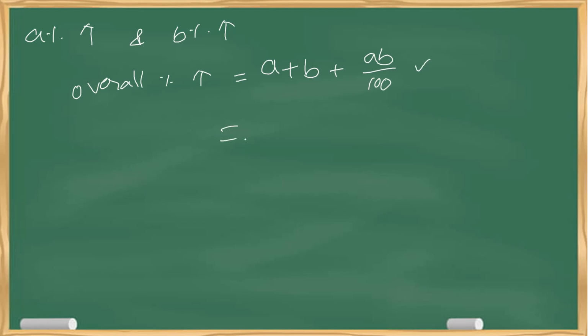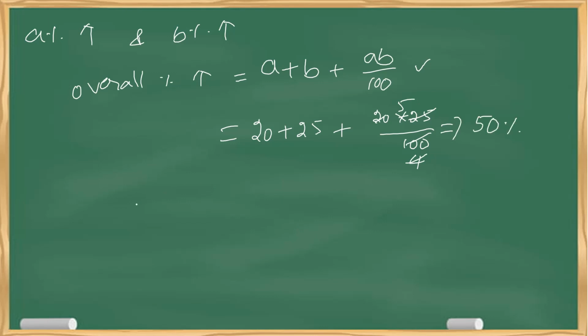Now in the previous question we have taken a as 20, b as 25, plus 20 into 25 by 100. So 25 how many times? 4 times. 4 how many times? 5 times. Now make it simple, 50% you will get. So if the price of the shirt is initially 100, the final value after the two increments will become 150. It's not 145 rupees. Am I clear?